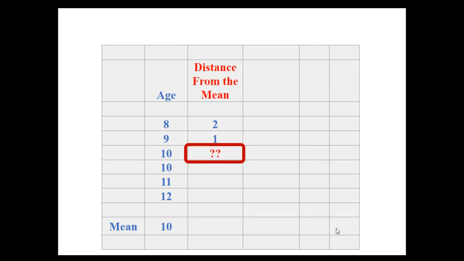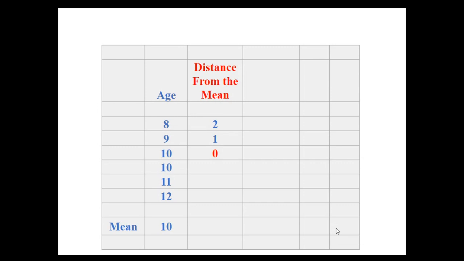Okay, what is the distance for 10? What's the distance from the mean for this? Okay, probably got that. The distance from the mean is 0. Because if a score is equal to the mean, then the score's distance is 0. 10 minus 10 is 0. So you get the idea.